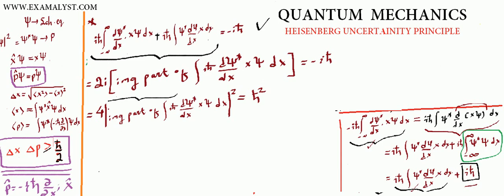Now, can you just tell me one thing: if I take the modulus of the entire function, I'm not considering the real part, then of course the modulus of this entire function will be greater than the modulus of the imaginary part.